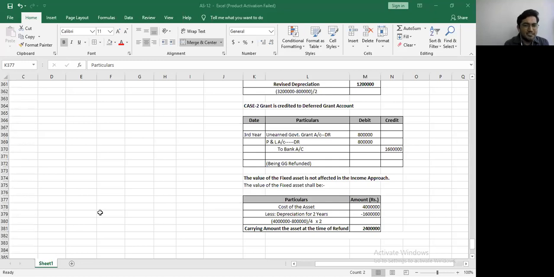Okay, I have one more doubt which says: value of the asset, at which time, before refund or after refund? Of course, it is after refund, not before refund.